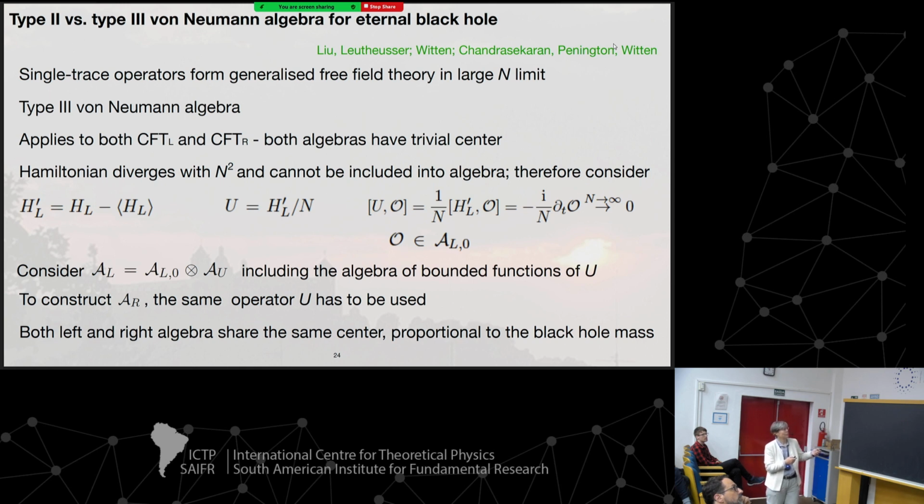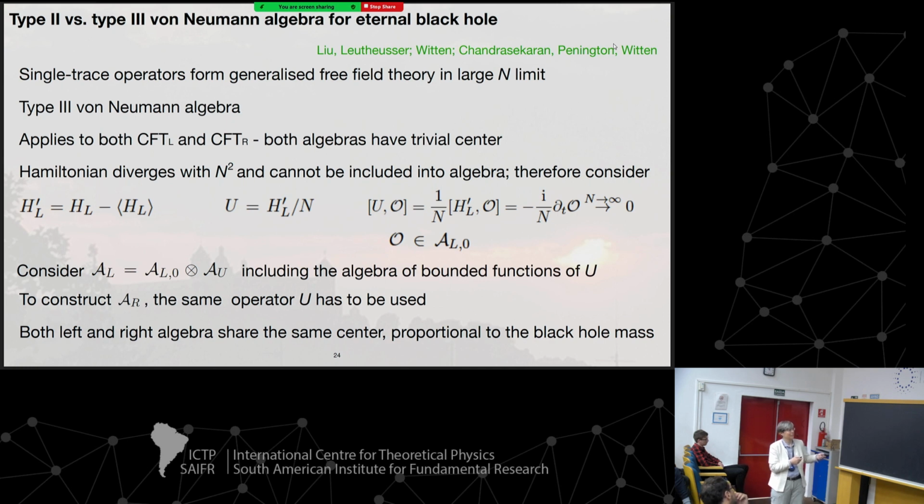But then the issue is whether to include the Hamiltonian, which diverges with N squared if you take the large N limit. So this cannot be included into the algebra, and we also have to regularize the two-point function by subtracting this expectation value.